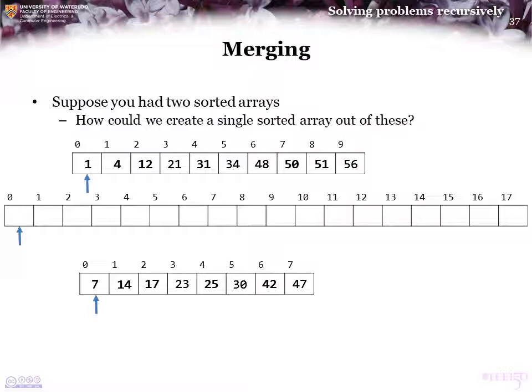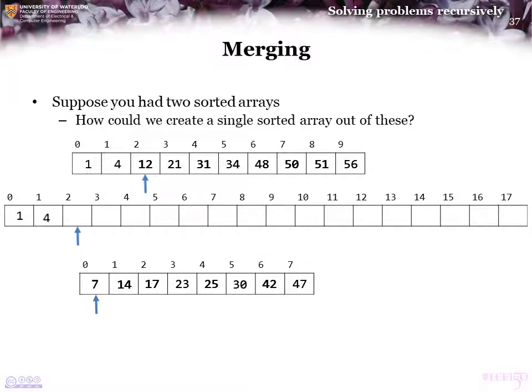So, looking between 1 and 7, we copy 1 down, and then we increment both that index and the other array's index. Now, comparing 4 and 7, again, we copy 4 down and increment those 2 indices.